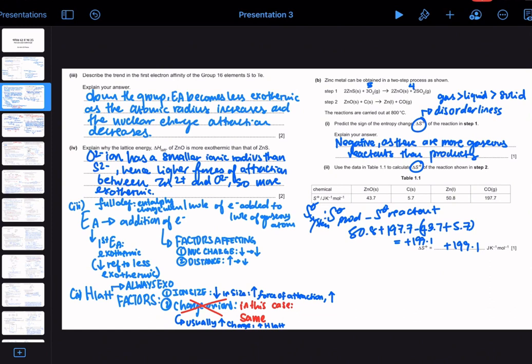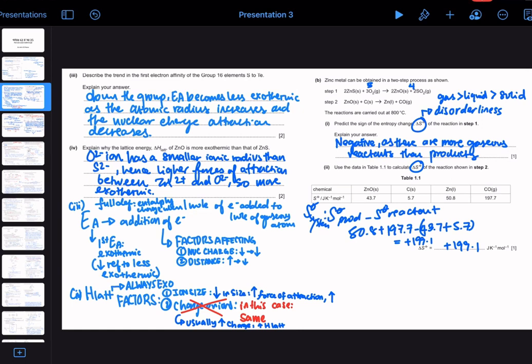So for lattice energy, it is always exothermic no matter what, no matter which lattice energy it is, it is always going to be negative. And the factors which affect it are actually quite similar. First, we have your ion size, so the smaller it is, the higher the force of attraction, so the more exothermic it is.